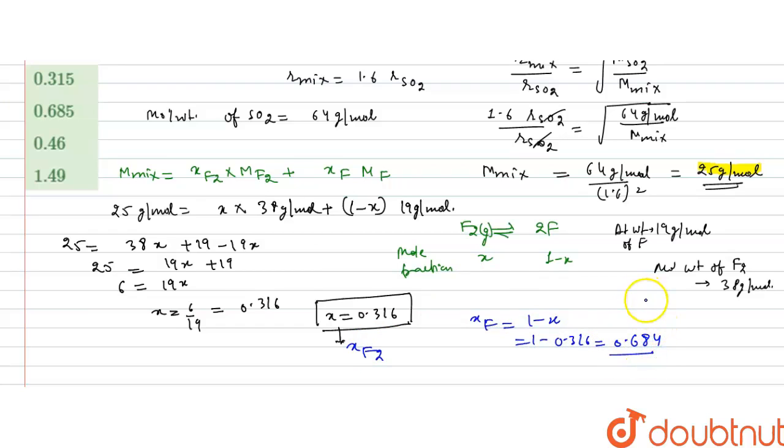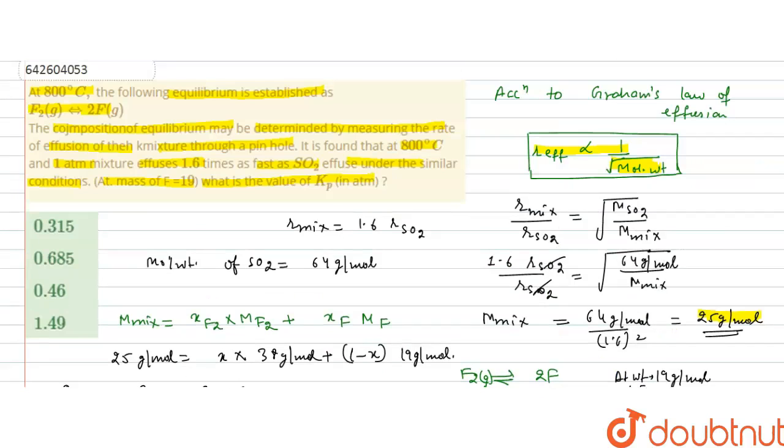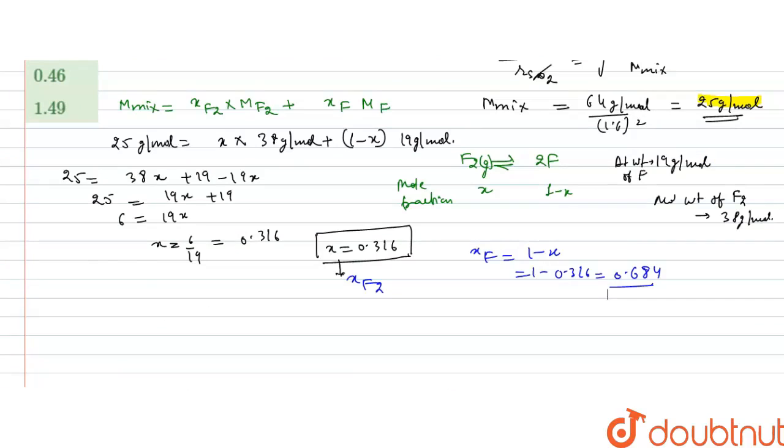Now we have to calculate the value of Kp, the pressure equilibrium constant for this equilibrium reaction. Kp is equal to the partial pressure of the products raised to the power of their stoichiometric coefficients, divided by the partial pressure of the reactants raised to the power of their stoichiometric coefficients. That is how Kp, the pressure equilibrium constant, is calculated.